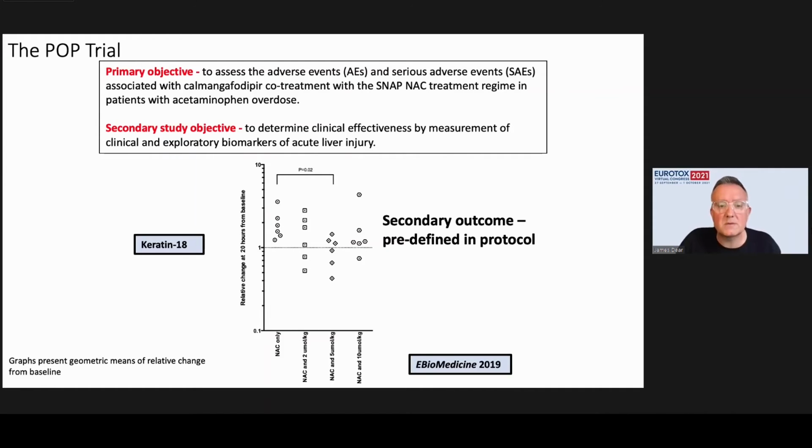Even just in a very small trial, there was a significant difference in keratin 18 in patients who received calmangafodipir to those patients that didn't. Now, this is a secondary outcome. We did predefine it in the protocol, but it's a secondary outcome. But it's given us the confidence, using this novel biomarker, to go forward and do a pivotal multi-center trial.